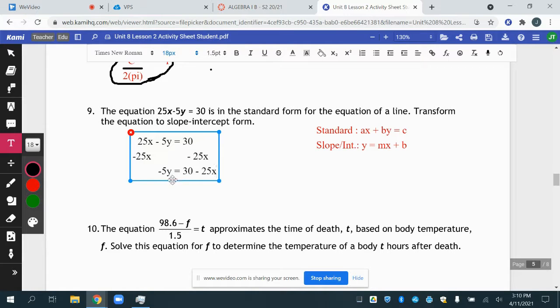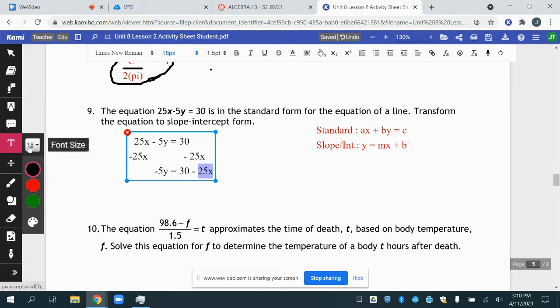Okay, so now I got rid of that. Now the y is almost by itself, like it's supposed to be. And to get rid of this negative 5, I'm going to divide everything by negative 5. Remember, that means everything, each term. There are 1, 2, 3 terms. When I multiply or divide, I have to do it to all of the terms.